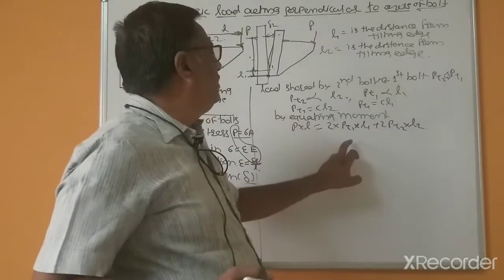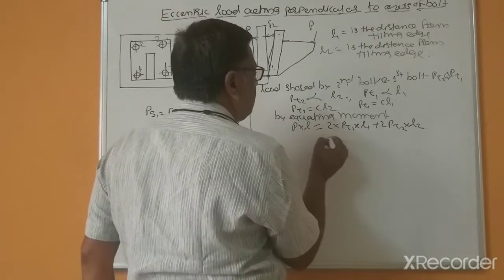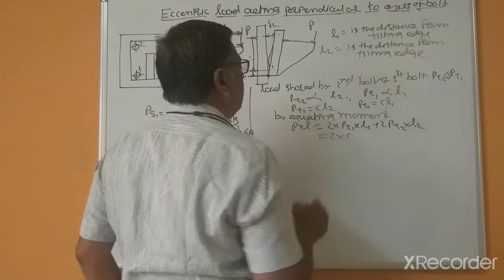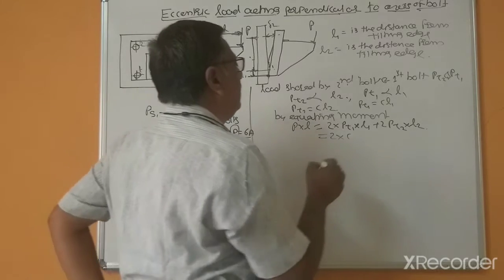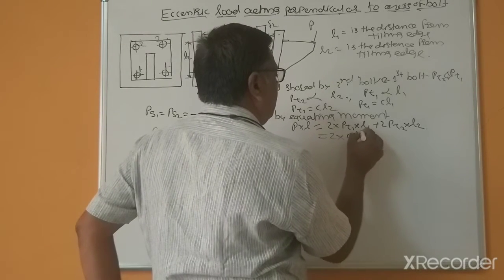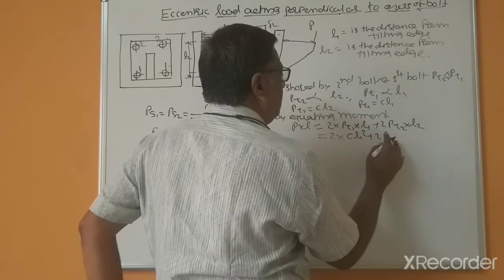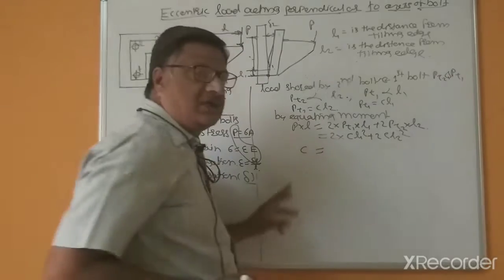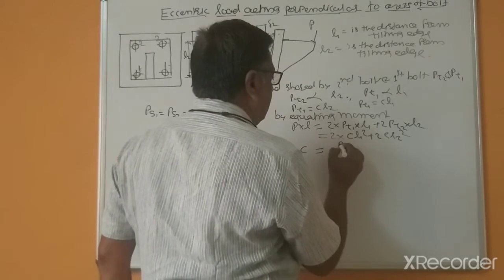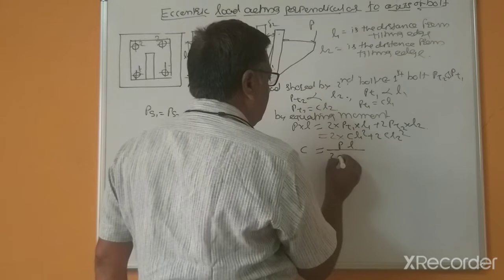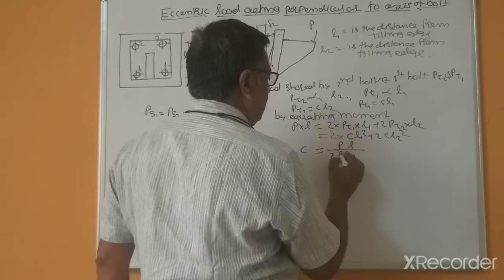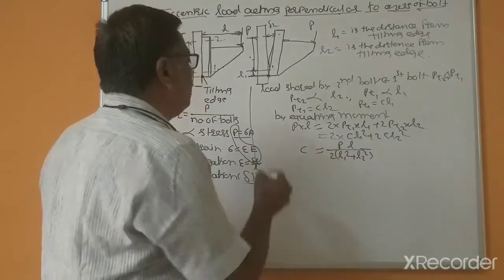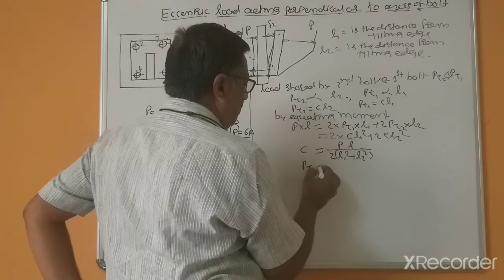Now PT1 equal to 2 into C L1 squared and C L2 squared. So that's why C equal to PL divided by 2 L1 square, otherwise we can take this as common, and we can calculate PT1.